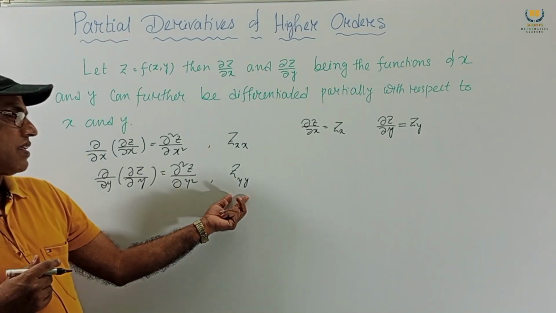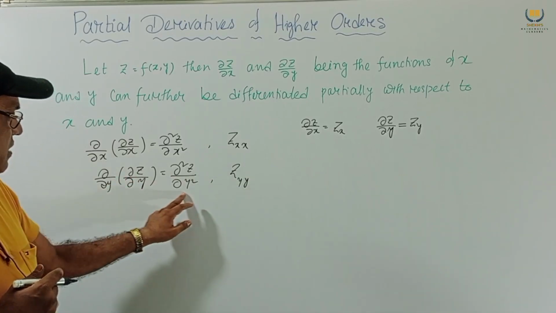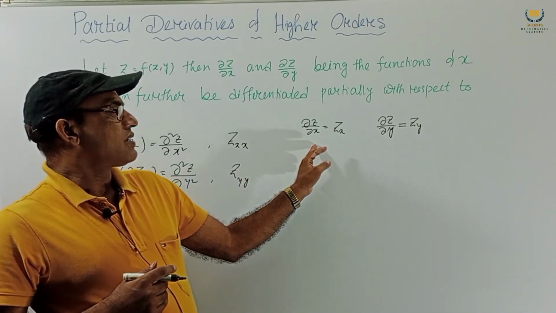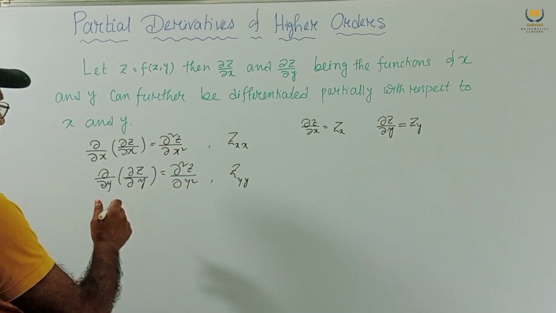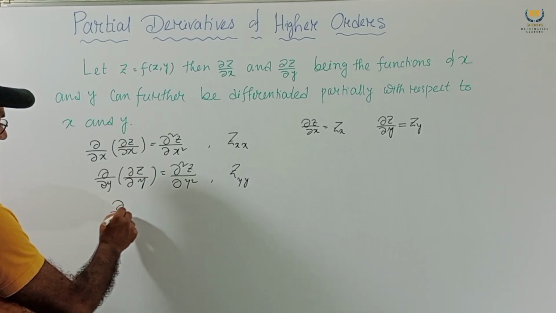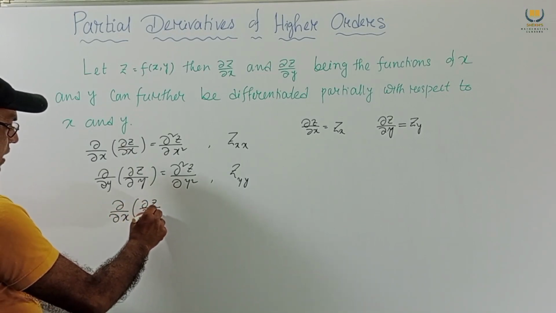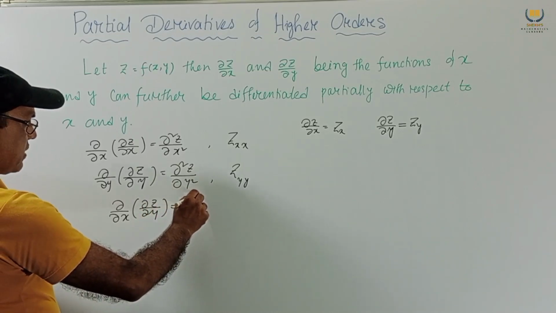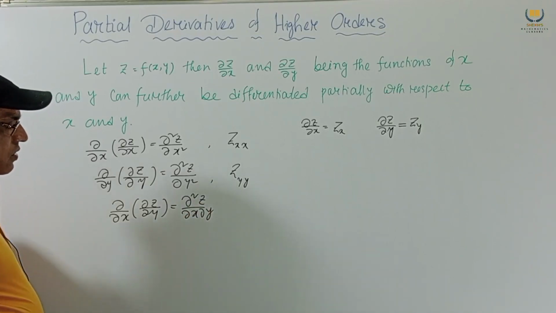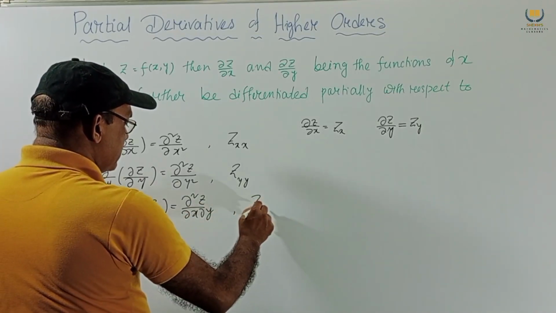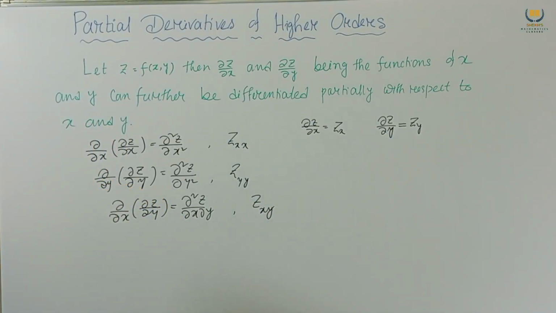This is a symbolic form. Symbolically we write in this way, either this or this. For del z del x we write this, and for del z del y we write this. And if we have del x of del z del y, then this will be del square z del x del y, which we can write as z x y.